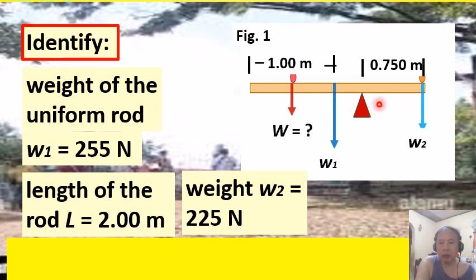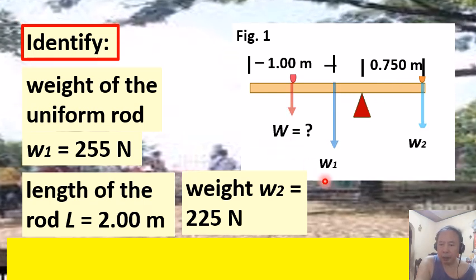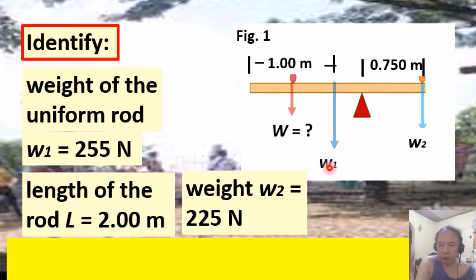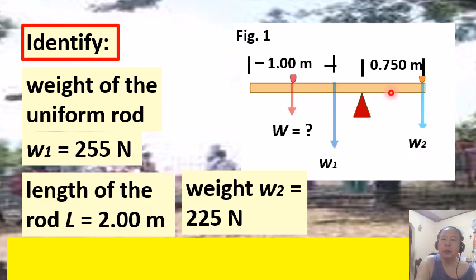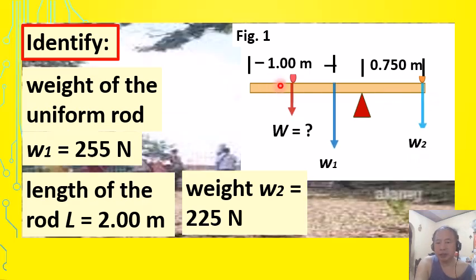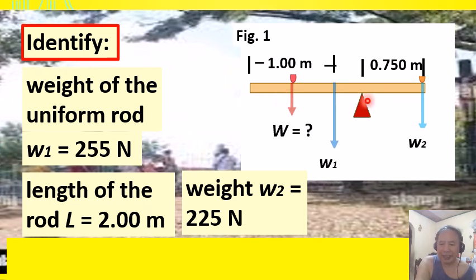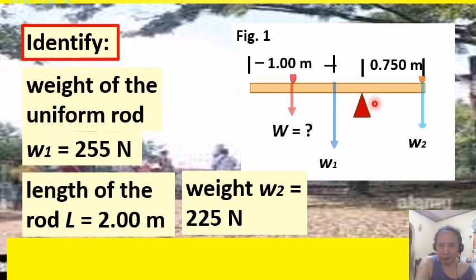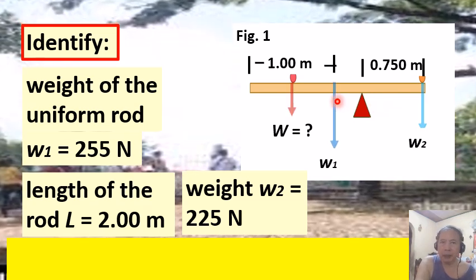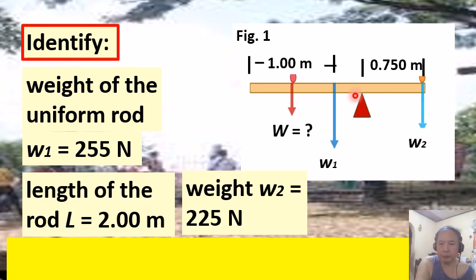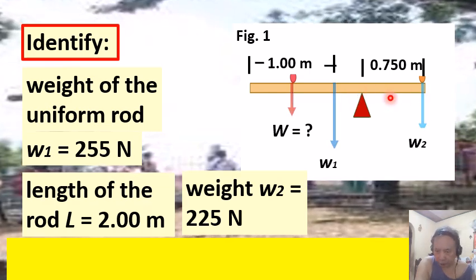So with those positions of W, W sub 1, and W sub 2, it is specified in the problem that the rod is balanced, or is in a state of equilibrium, specifically rotational equilibrium.